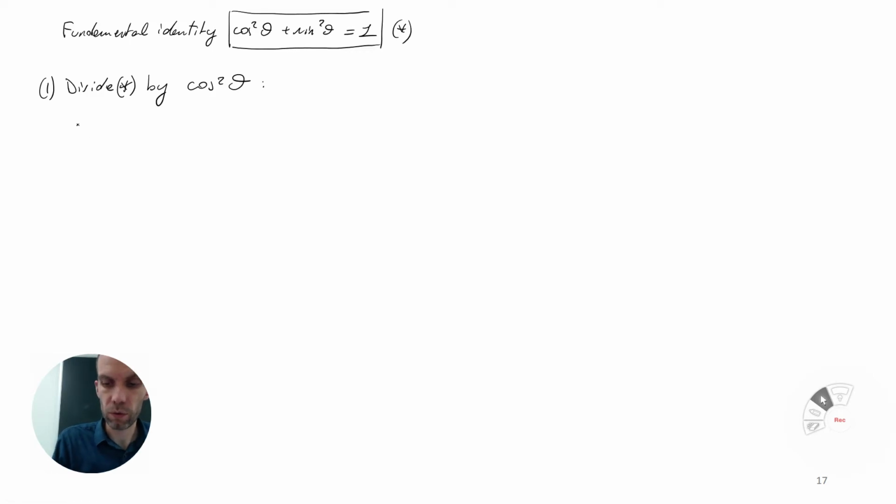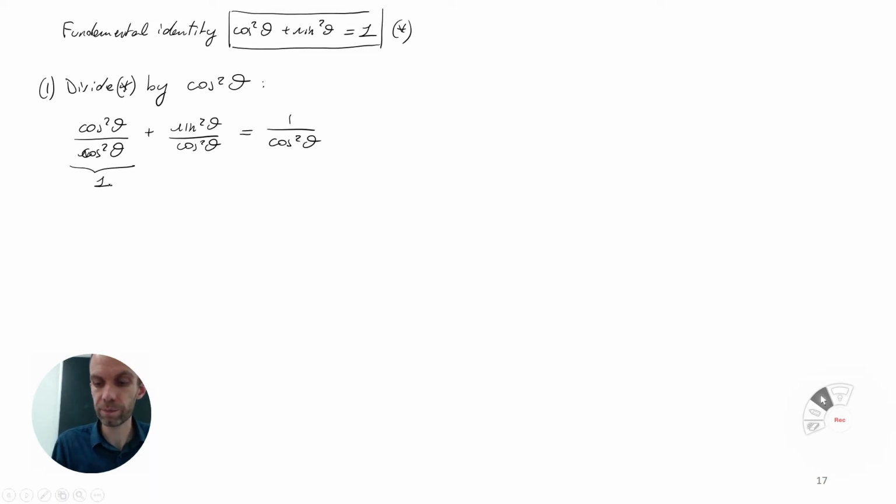When we do that, what we get is cosine squared theta divided by cosine squared theta plus sine squared theta over cosine squared theta is equal to 1 over cosine squared theta. This right here is 1. This right here is tan squared theta. And the right hand side becomes secant squared theta.